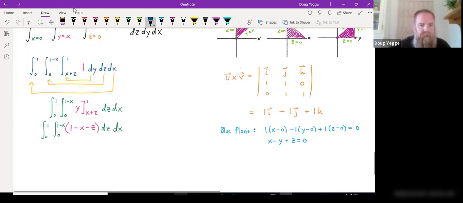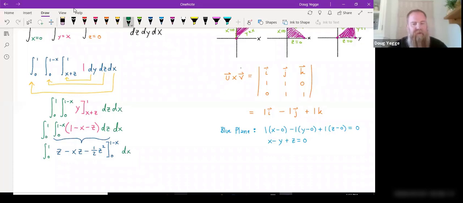So if I were to integrate this function with respect to z, then that becomes z minus xz minus 1/2 z squared. But notice that that's now integrated from 0 to 1 minus x. And whatever that becomes, it should only be in terms of x by that point, which is why the outer limit is a constant.